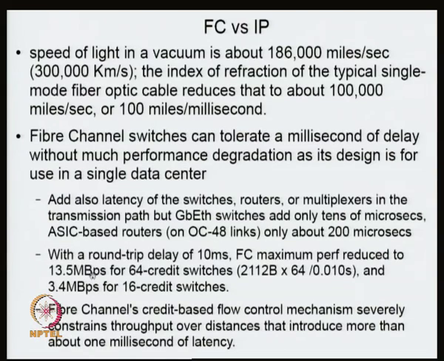For example, people have done multiple gigabit per second transfers in TCP without any trouble across a wide area network. Whereas with Fiber Channel it is not possible, because the number of credits determines how much you can send, and then you have to keep waiting for the ACKs to come back. When the ACK comes back, you get a chance to send one more packet.